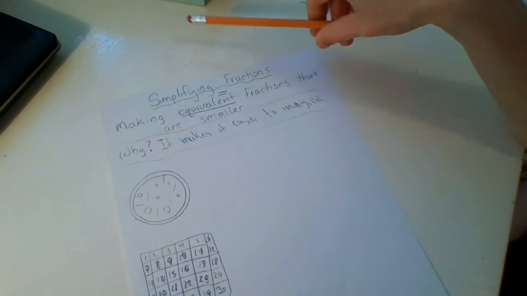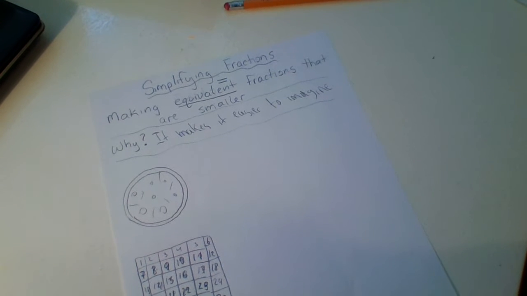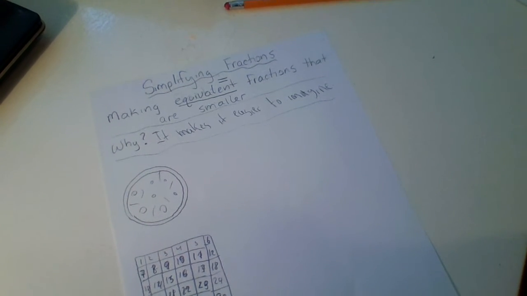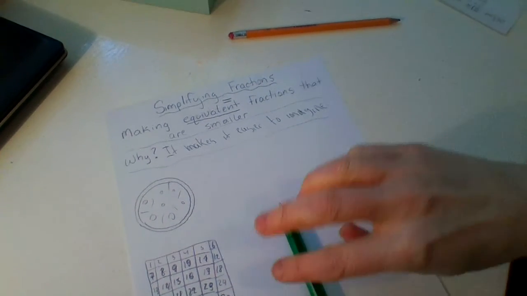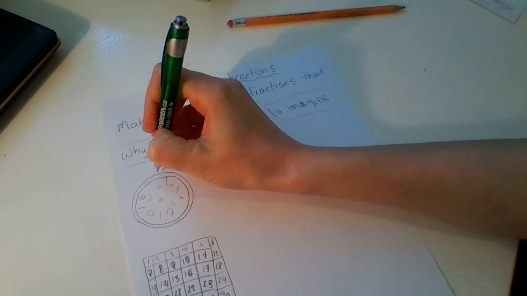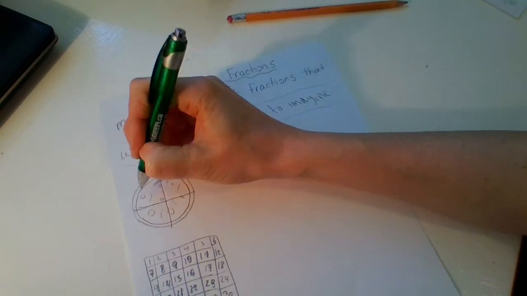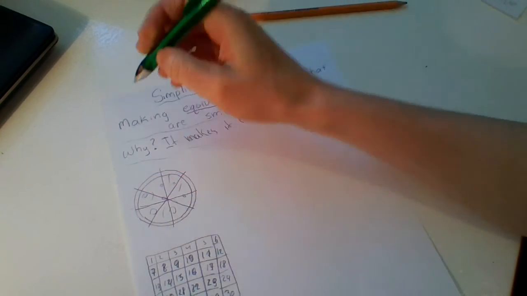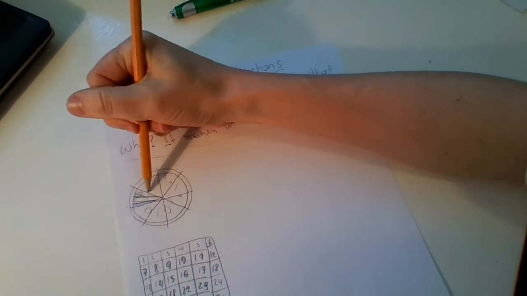So for example, I believe in the video that I asked you to watch already, which I hope you did watch, it asked you to divide a pizza. I think they divided a pizza up into 8 equal parts. And then let's pretend I ate 4 of those slices.